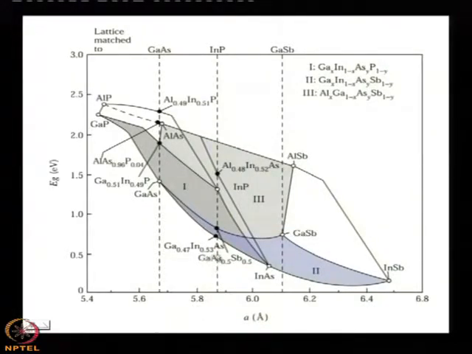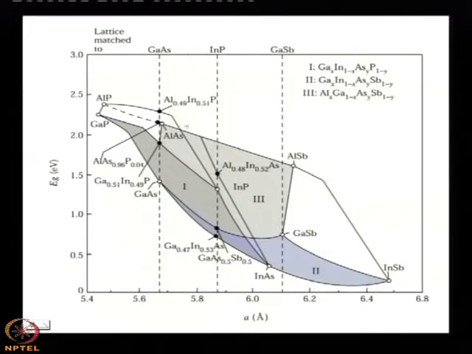Then indium gallium arsenide phosphide must be this thing, otherwise the lattice matching will not be there. At this point the lattice constant of the epitaxial layer will be same with the substrate. Similarly, at this point it will be same with the gallium arsenide lattice constant, because you cannot choose any material.